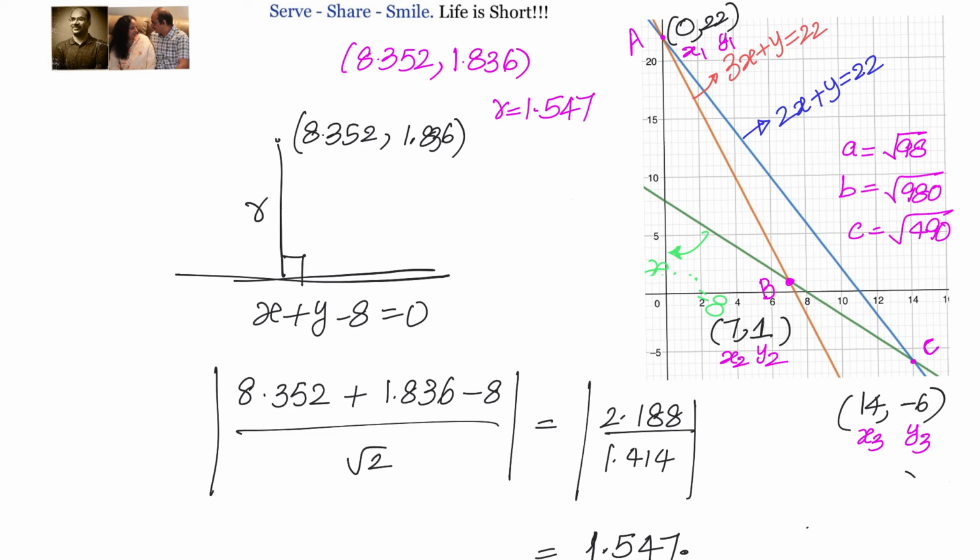The equation of the incircle will be (x minus h) whole square, (x minus 8.352) whole square plus (y minus 1.836) whole square equals 1.547 whole square. Now that's the equation of the incircle.